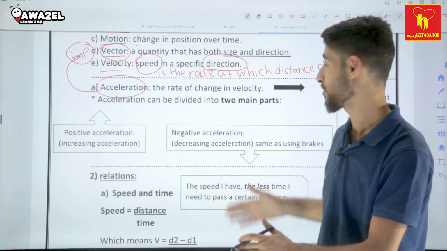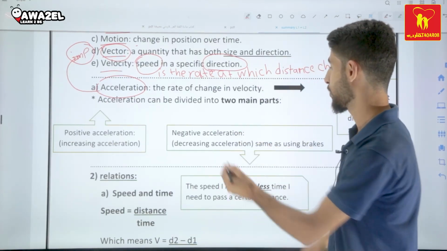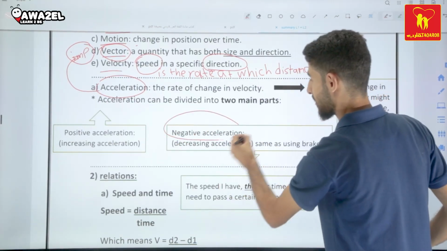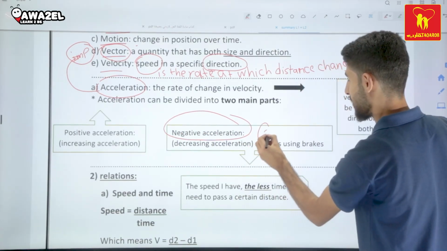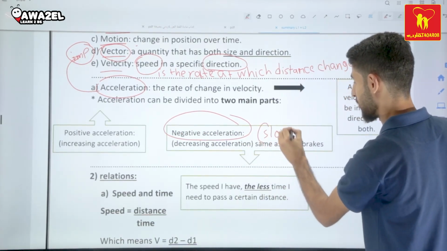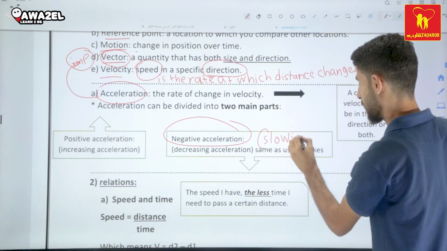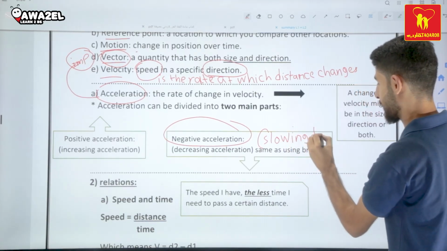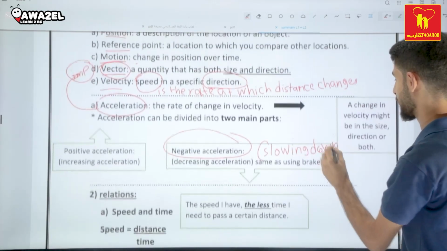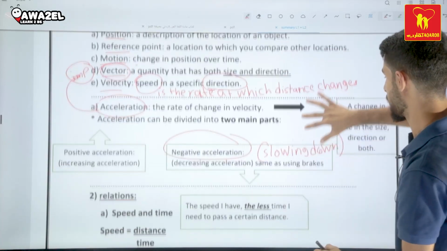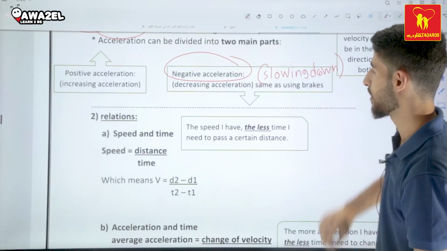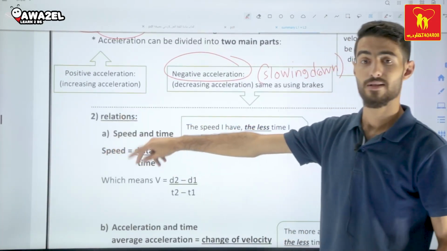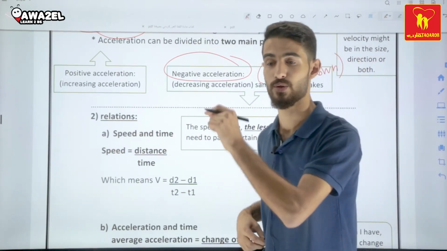I use brakes to slow down. So negative acceleration can be called slowing down.